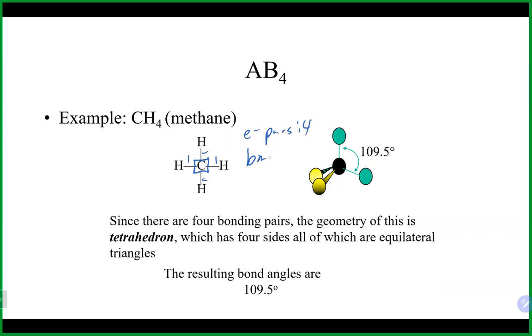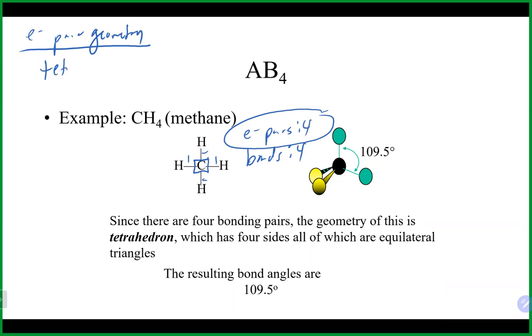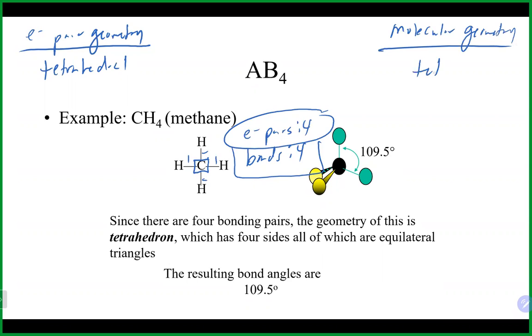And in terms of bonds, it will be 4. So something with 4 electron pairs has an electron pair geometry known as tetrahedral. And because it also has 4 bonds, its molecular geometry will also be tetrahedral.